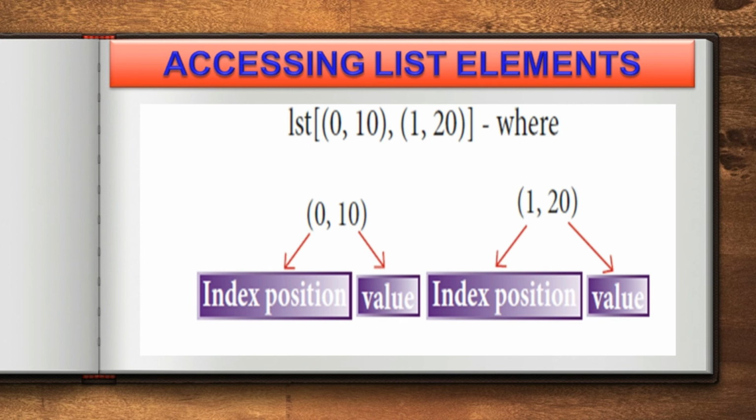We can write this similar to a search: list of (0, 10), (1, 20), where the first value is the index position and the second one is the value in the list. So the first one is 0, 10, that is the 0th position holds the value 10, and the next one, the first position, stores the value 20.